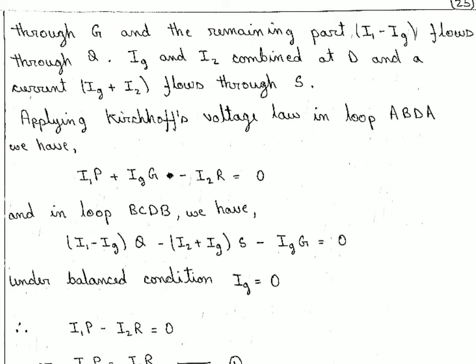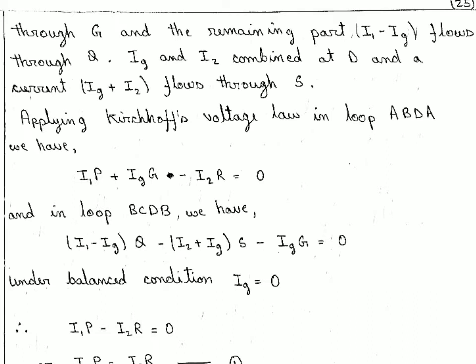Then again we choose another loop, which is BCDB. Here also I1 minus Ig is in the direction of the loop, so it's taken to be positive. And Ig is in the opposite direction of the loop. The loop is from D to B, so Ig is from B to D. Hence Ig is negative.